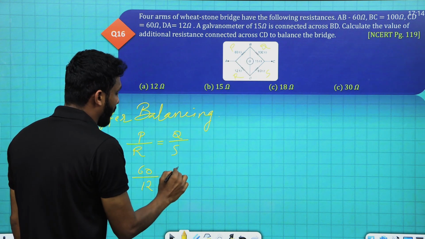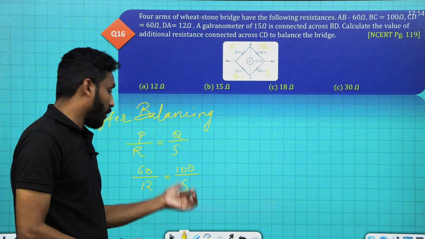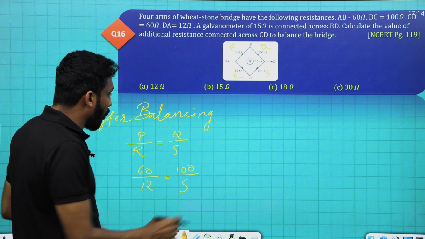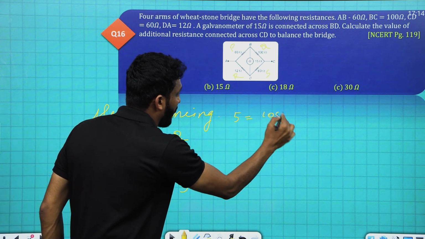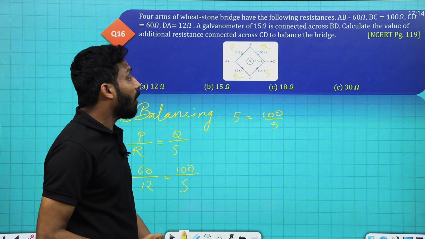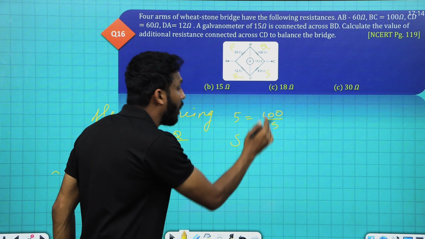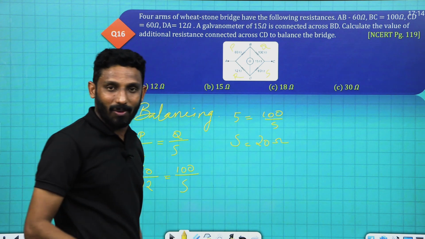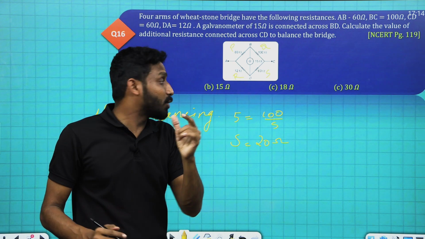Q value is 100, and S value we have to calculate first. 60 by 12 is 5, equal to 100 by S. Then S is equal to 100 by 5, that is equal to 20 ohm. So the equivalent resistance in the arm CD is to be 20 ohm.